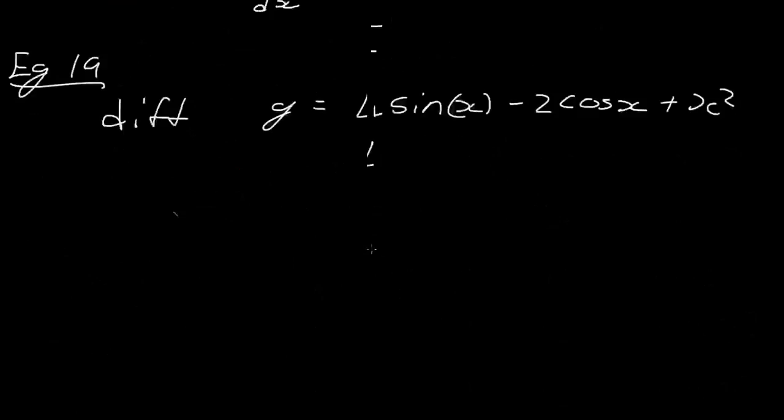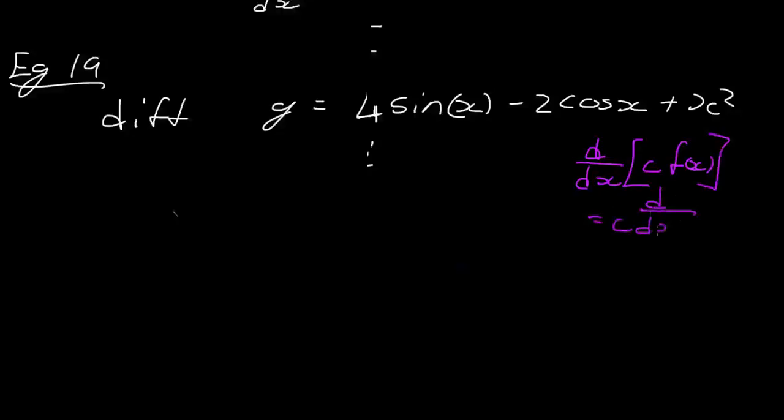Now, our formulas show how to differentiate sine, cos, and tan. They say nothing about if there's a coefficient like we have here, the 4 and the 2. So I just want to point out another rule: d by dx of a constant times f of x is equal to a constant times d by dx of f of x.